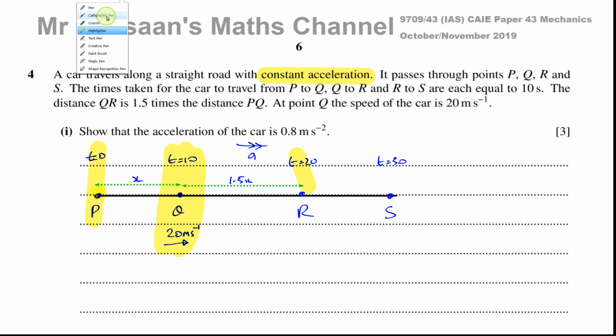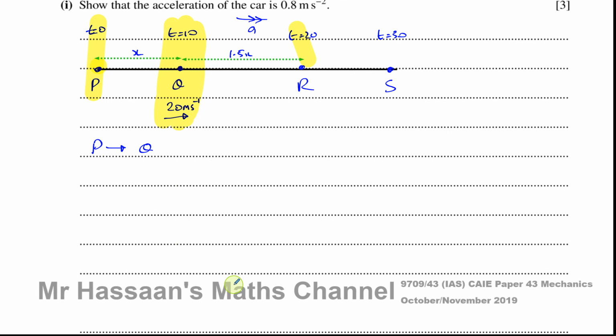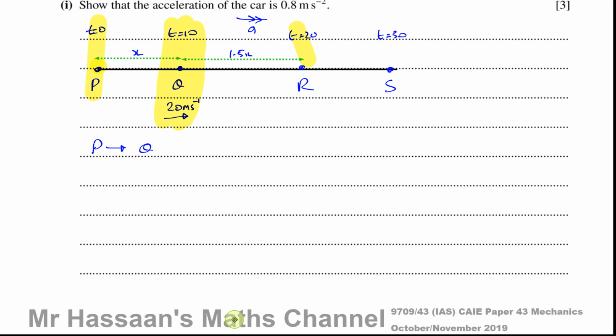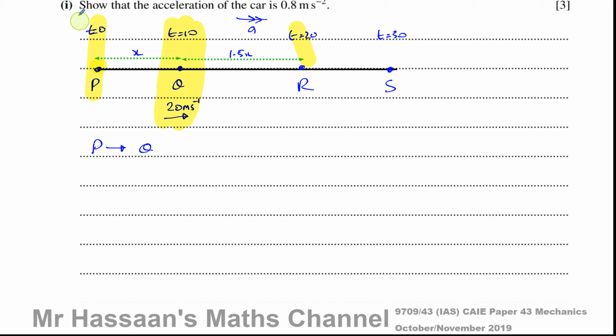So what I'm going to do first is consider from P to Q. When you use suvat, you have to be very, very clear about what you're doing. So when I say P to Q, I've got to put my values in very carefully.